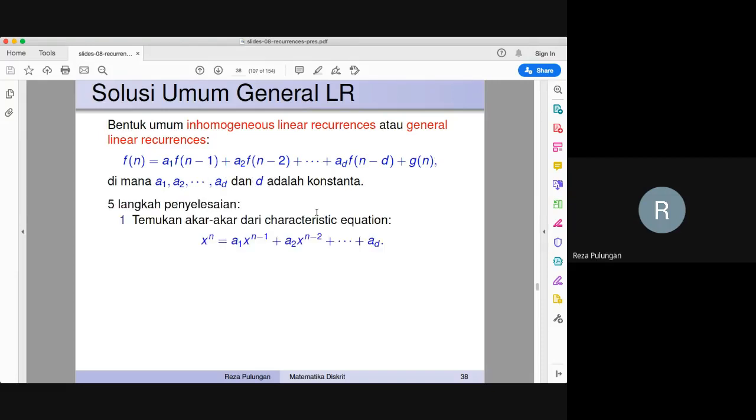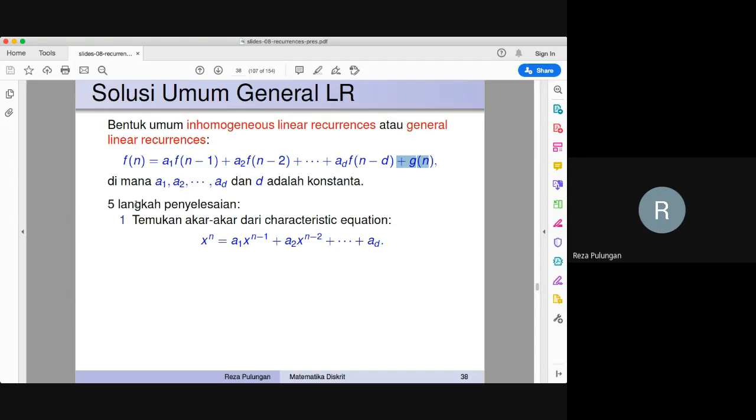So how do we solve this? The way to solve this is similar to the way we solve the homogeneous linear recurrence. In the first 3 steps, you just pretend that it is homogeneous. This means that you forget about this in the beginning. Okay?